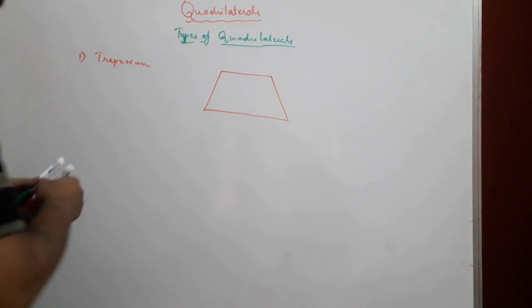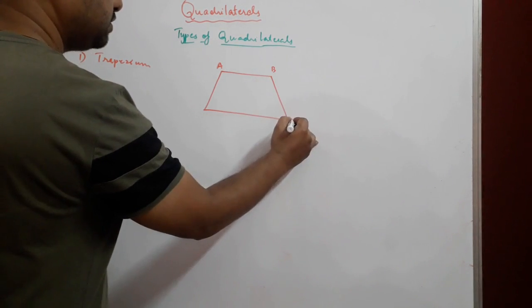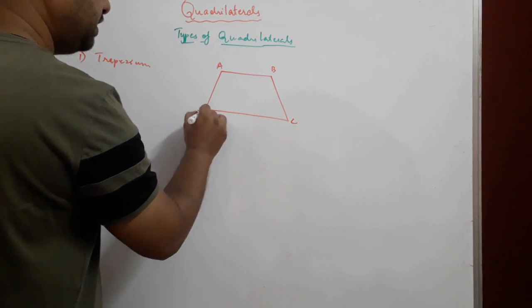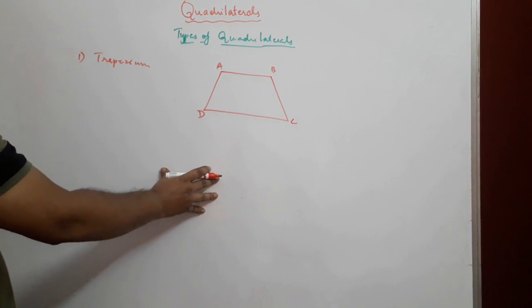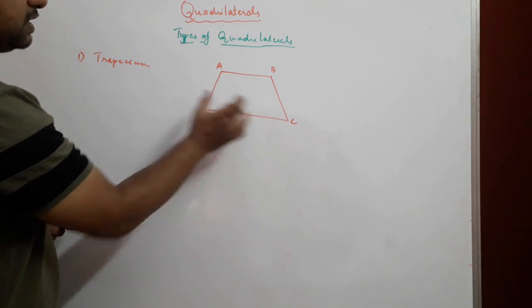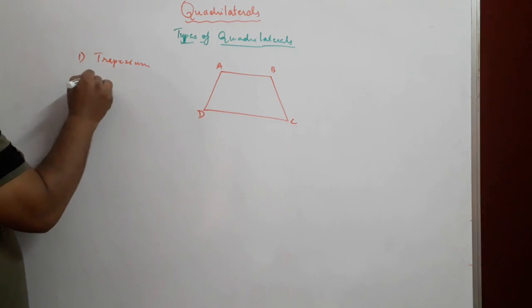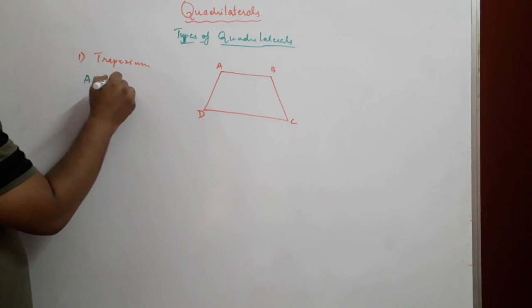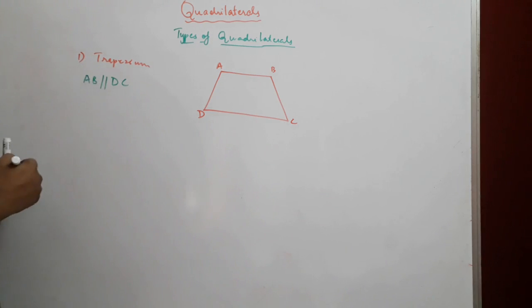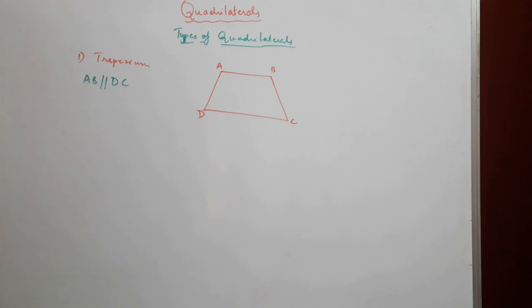Okay, and I list them down as A, B, C and D. Now we had said that one pair of opposite sides are parallel to each other. So in this we can say side AB is parallel to side DC.